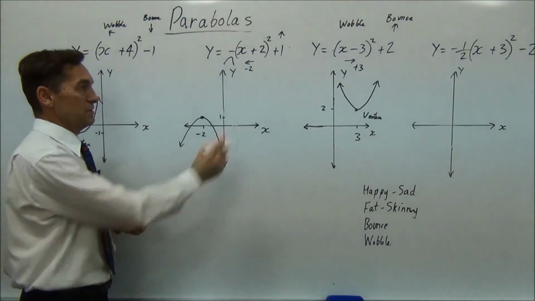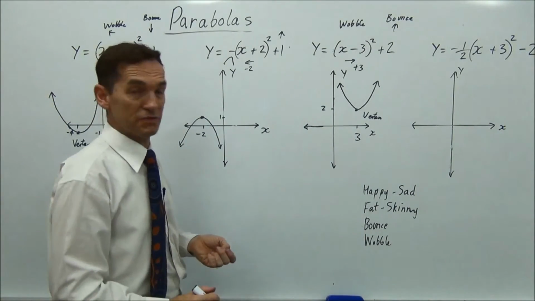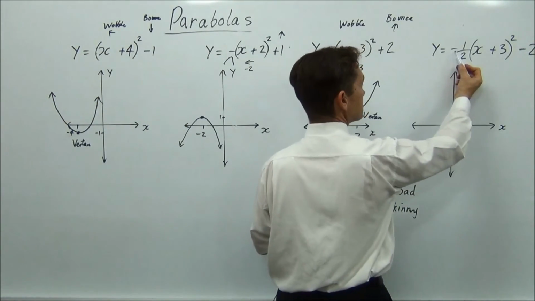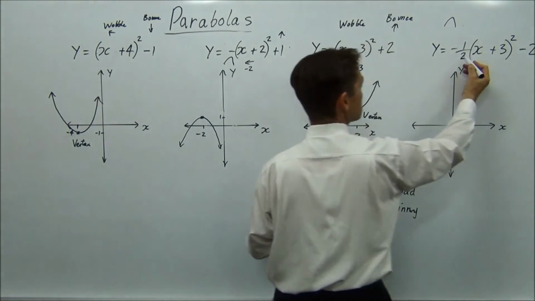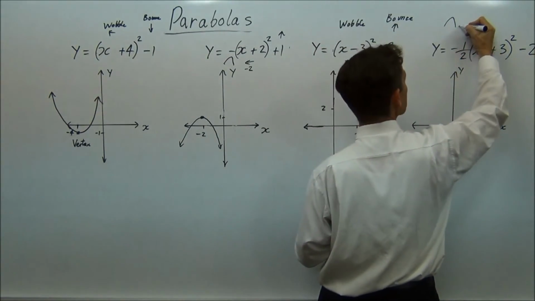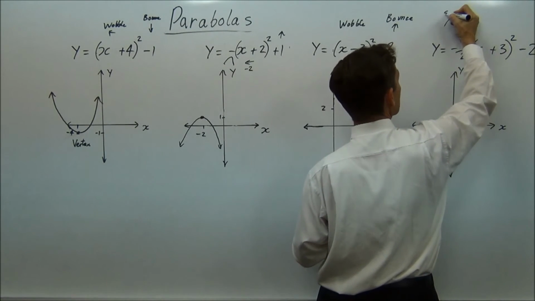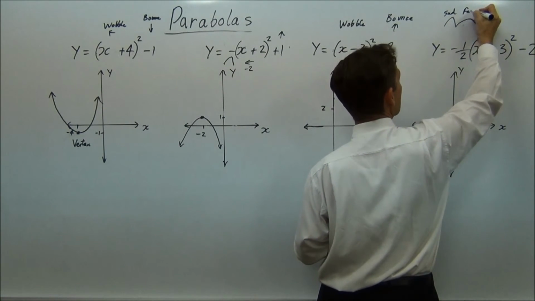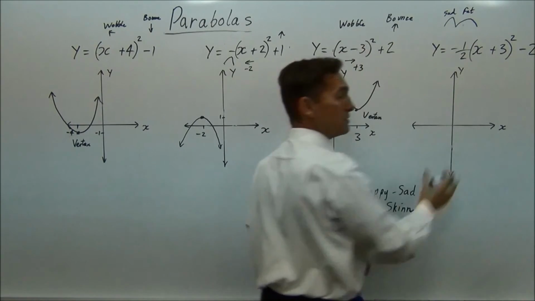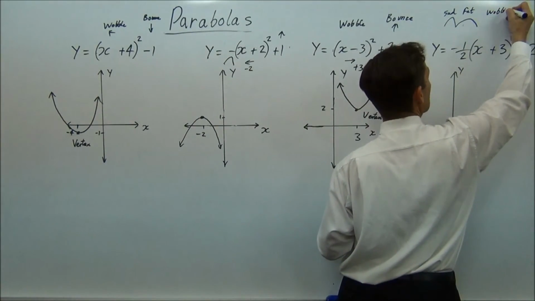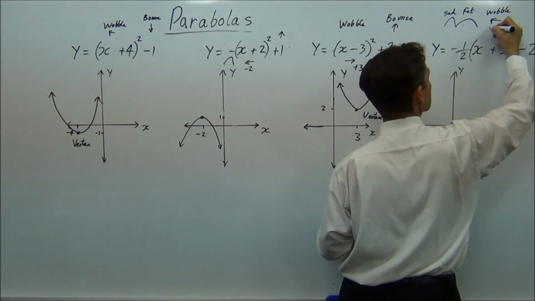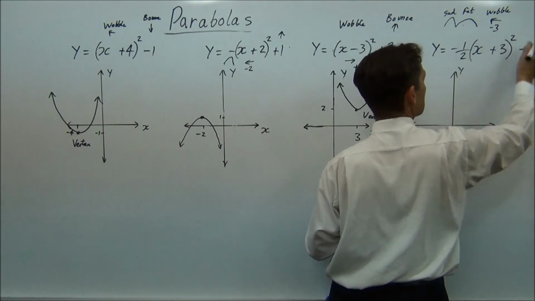Alright? Let's look at the next one, which has got pretty much everything I can think of putting in. What's this say? It's going to be a sad face. So we've got a sad face. What's this say? It's going to be fat. So it's going to be really fat. So we've got sad, fat. And what's this wobble? Wobble to -3. So we're going to wobble that way to -3. And what's this say?